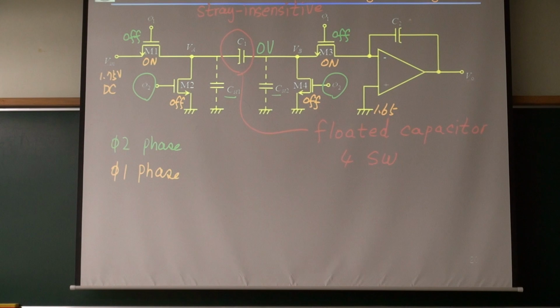Yeah, by negative feedback by C2, this node will be virtual ground, 1.65 volt, okay? Then, suddenly, this Vin is connected to C1, then, assume this was 0 volt, right, initially, because C1 was discharged during the preceding pi2 phase, okay?